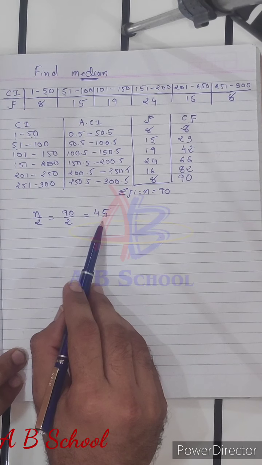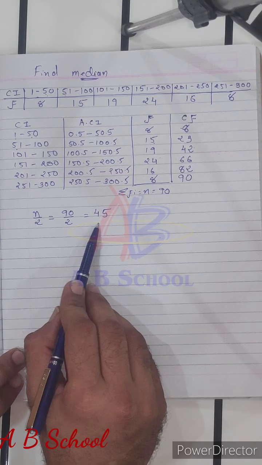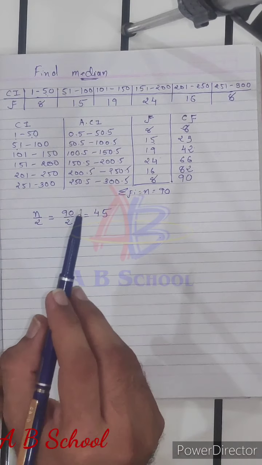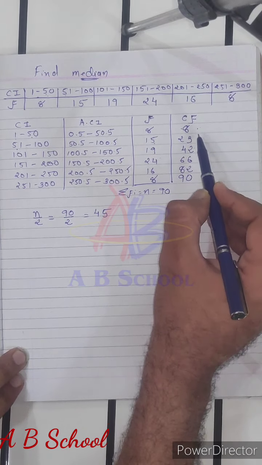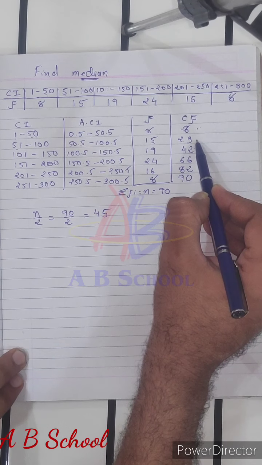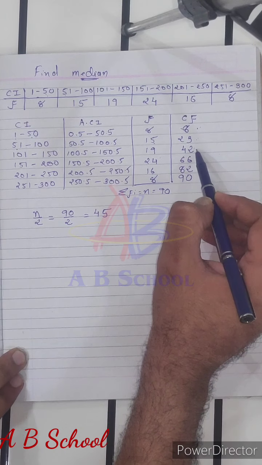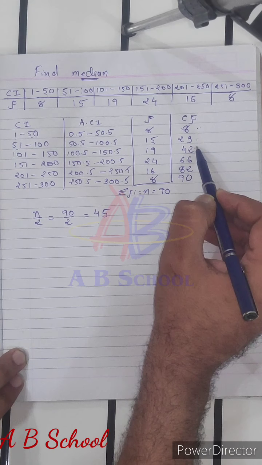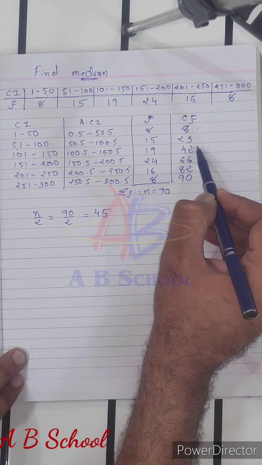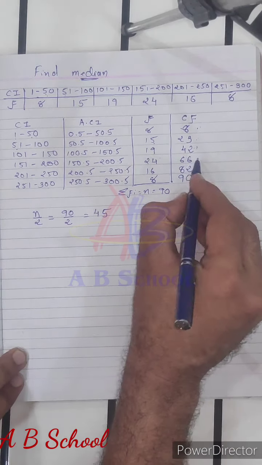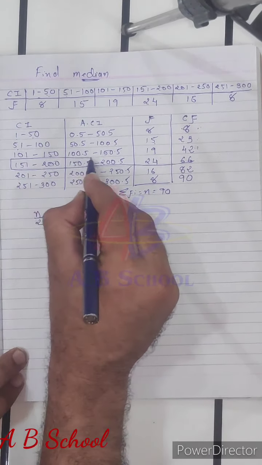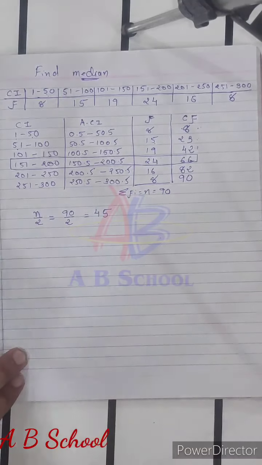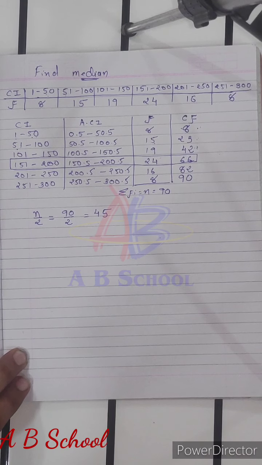This 45 should lie in the cumulative frequency. 1 to 8 will be here, 9 to 23 will be here, 24 to 42 will be here. Now 43 to 66 is over here. So this entire class is going to be my median class.